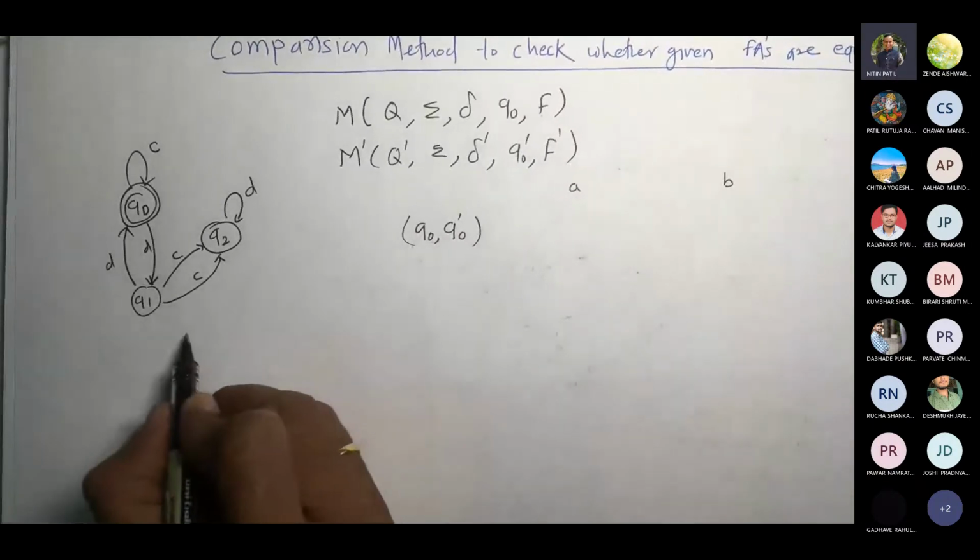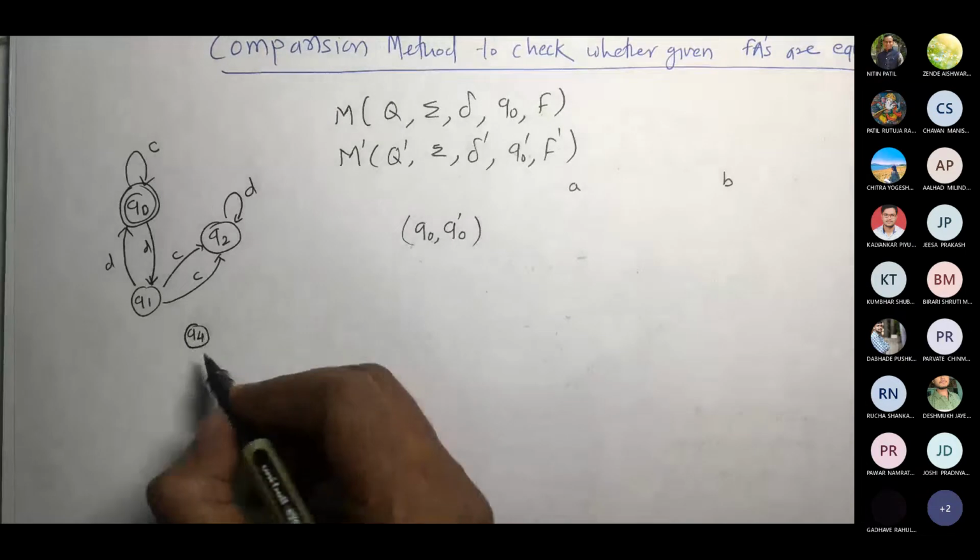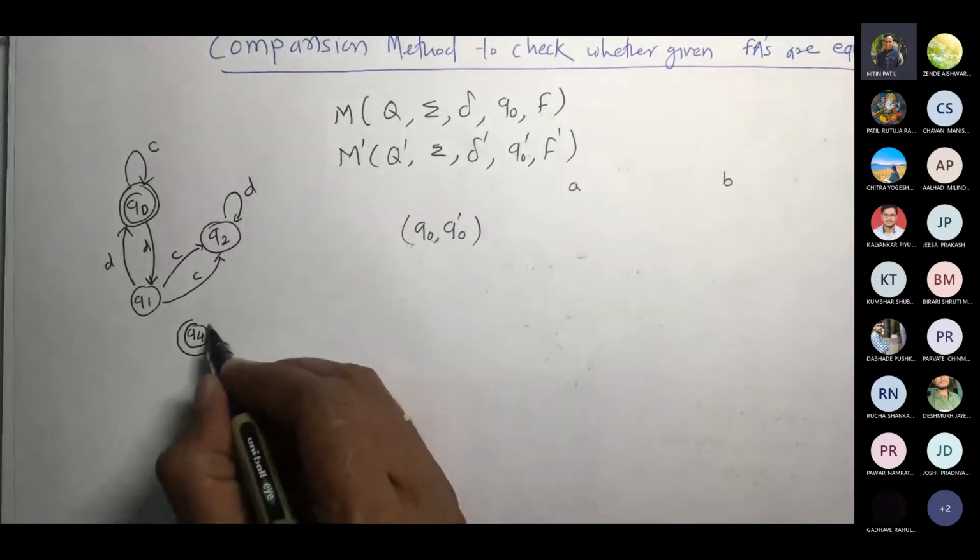The second FA would be something like this. Say, for example, Q4, which itself is a final state.